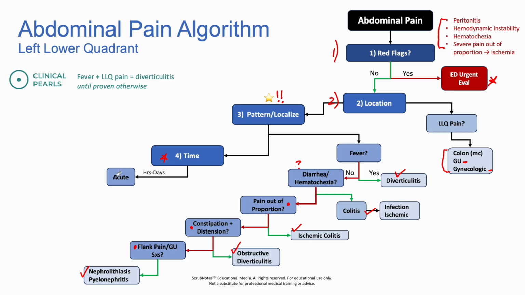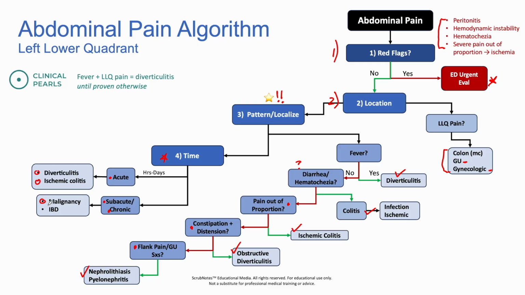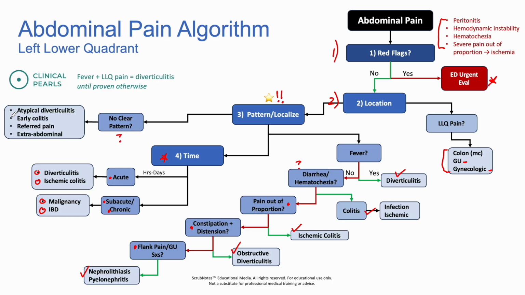If this has been going on for hours to days, it's likely a more acute cause like diverticulitis or ischemic colitis. But if it's more of a subacute or chronic timeline, malignancy or IBD would be on our differential. And if there's no clear pattern, then we want to revisit our differential and consider things like atypical diverticulitis, early colitis, referred pain, or something extra-abdominal.